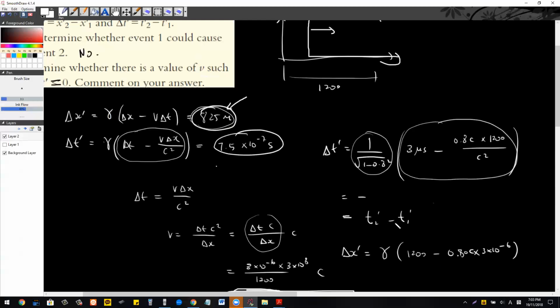But if I make this one 0.999, I'm going to try that. It is still positive. Let me double check. 1,200 minus 0.999 times 3 times 10 to the power of 8 times 3 times 10 to the power of minus 6.